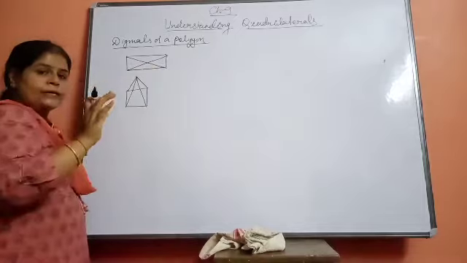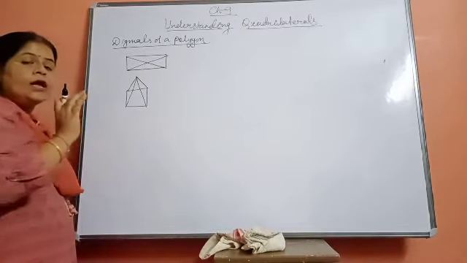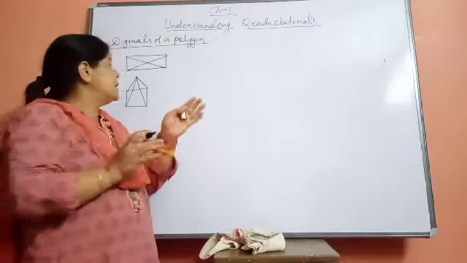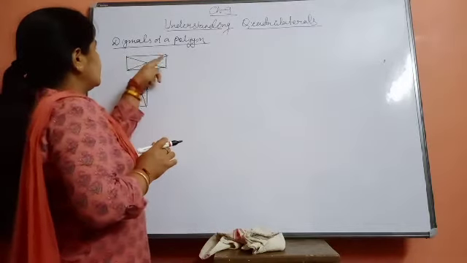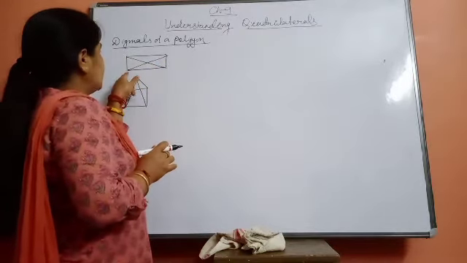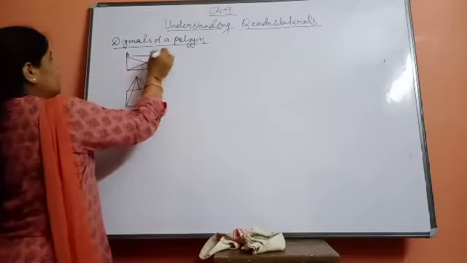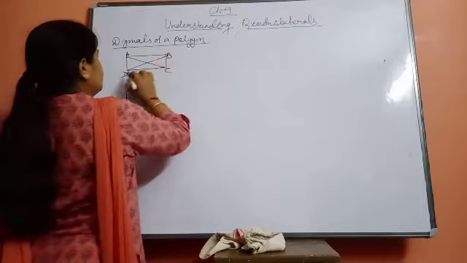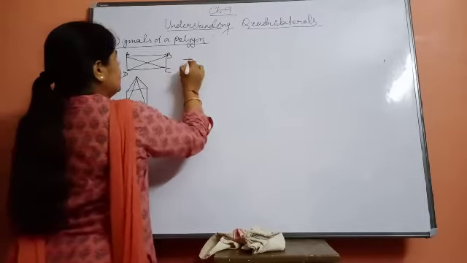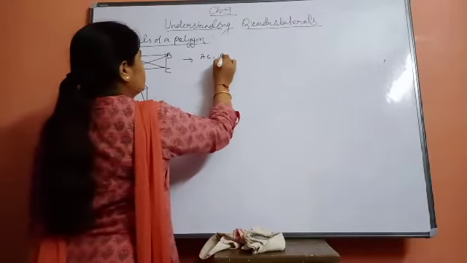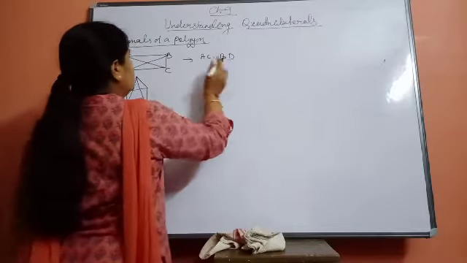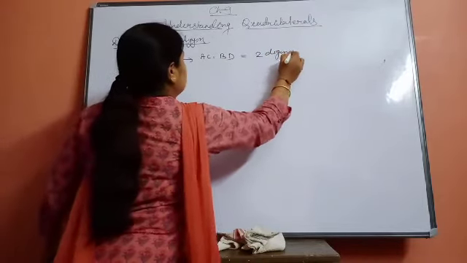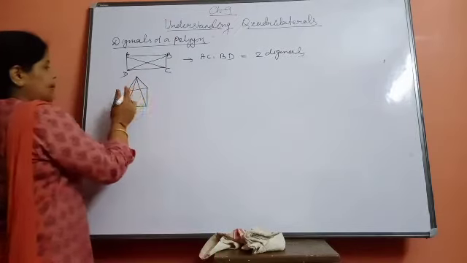If we join the opposite vertices of any quadrilateral, then those line segments are known as diagonals. Here I have drawn a rectangle with vertices A, B, C, D, and I have joined BD, the opposite vertices, and AC. Then AC and BD are the diagonals. So how many diagonals are in a quadrilateral? 2 diagonals. Here I have drawn a pentagon.